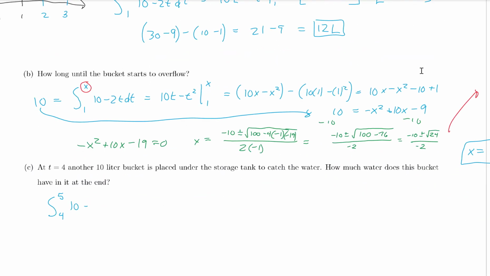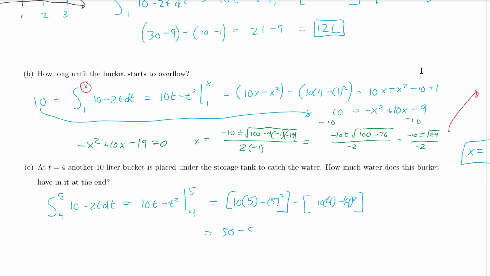So we're going to do the exact same integral, the integral from 4 to 5 of 10 minus 2t dt, which is again going to be 10t minus t squared, but now our bounds have changed to be from 4 to 5, and now we're just going to go ahead and substitute those in. So we get 10 times 5 minus 5 squared, all subtracted from 10 times 4 minus 4 squared.